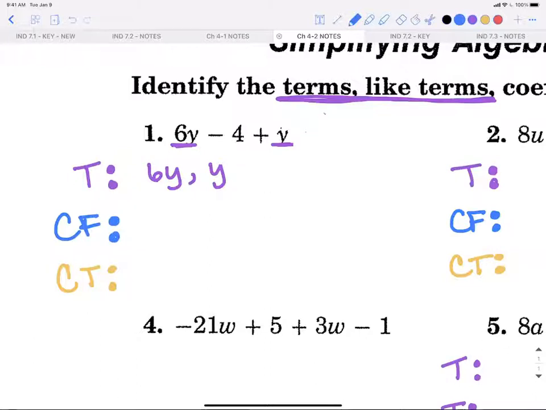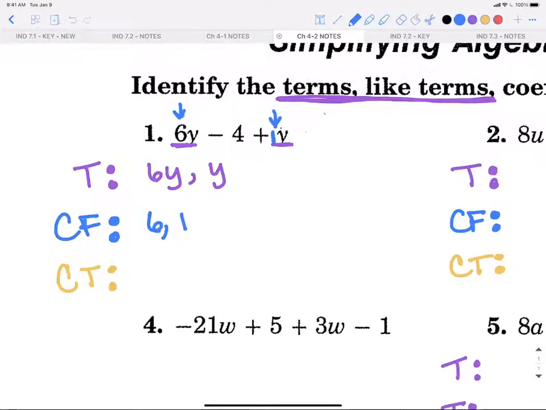Next, I want to identify the coefficient. The coefficient is simply the number that is attached to the variable. So you kind of split it out here. So 6 is one coefficient. And this next one, every variable has a coefficient. What's my coefficient here? 1. Yeah, it's a 1. You just got to know it's there, but it's a 1.